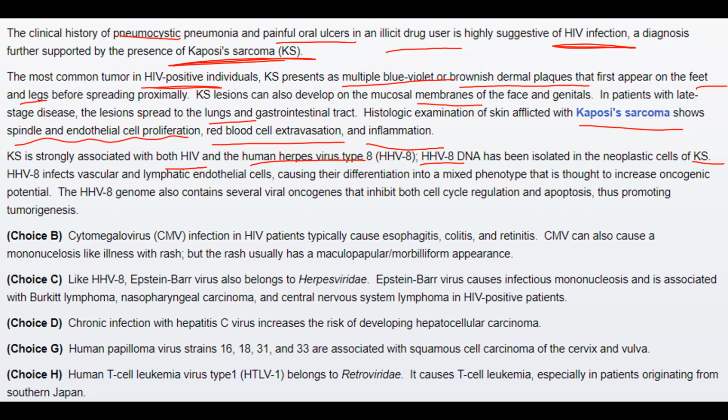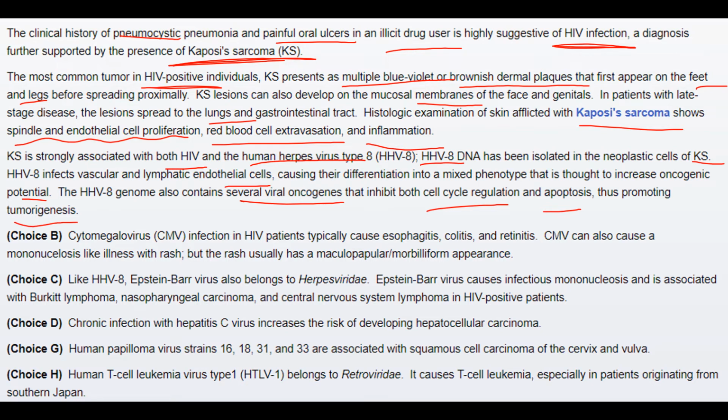HHV8 infects vascular and lymphatic endothelial cells, causing their differentiation into a mixed phenotype that is thought to increase oncogenic potential. The HHV8 genome also contains several viral oncogenes that inhibit both cell cycle regulation and apoptosis, thus promoting tumorigenesis.